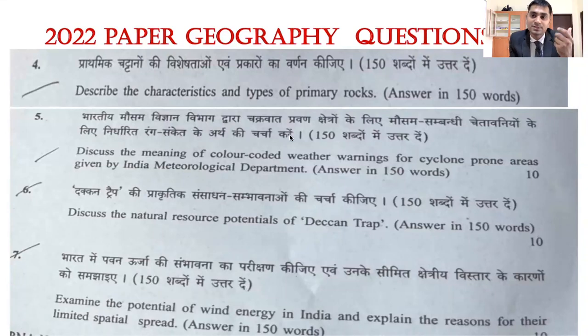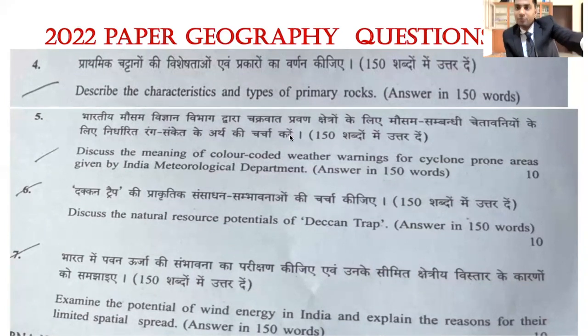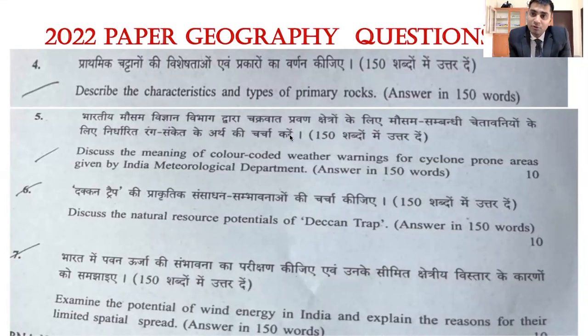Many of us study this in prelims, or many of us leave this type of studying also in prelims. So if you know basic rocks, types of rocks, at least if you don't know exactly what are primary rocks, at least if you know that yes, I have studied something about rocks, I can manage. So 4th question is purely geography.